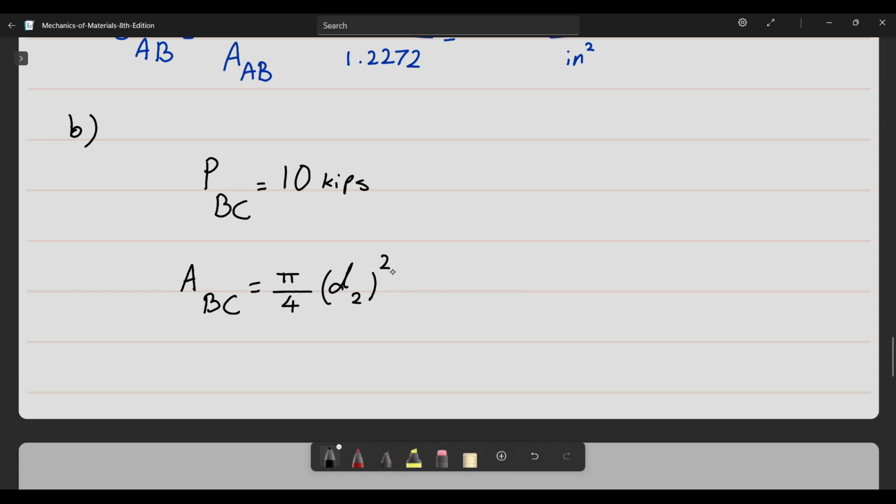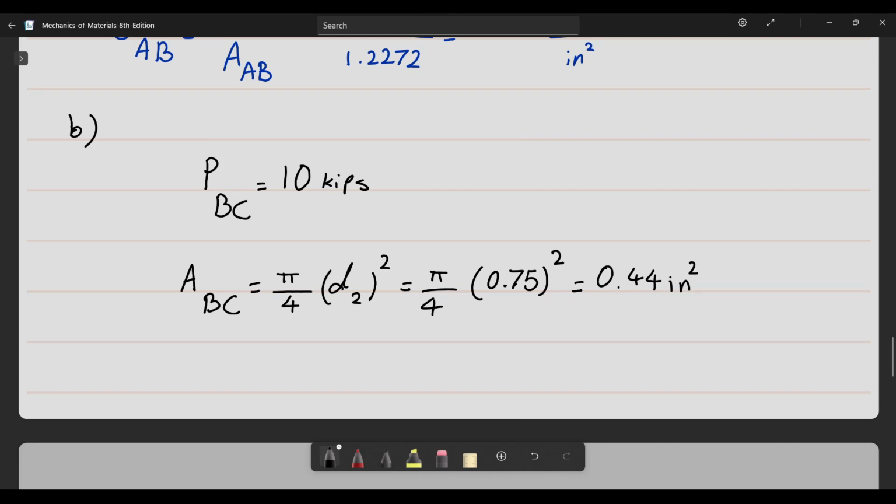In other words, pi divided by 4 multiplied by 0.75 squared, and the cross-section area of BC comes out to approximately 0.44 square inch.